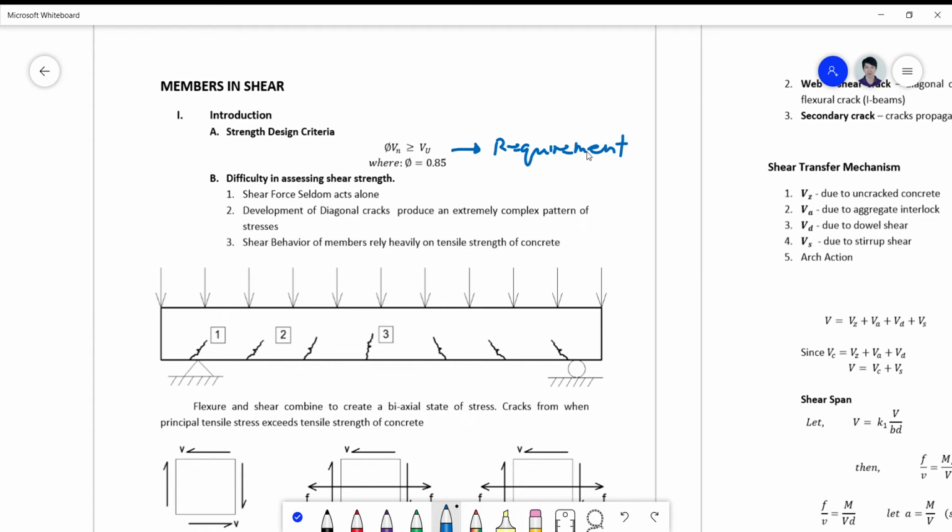So your Vn, which is now your shear capacity, must always be greater or equal to your factored shear, where your shear capacity is your nominal shear multiplied by your reduction factor phi, which is 0.85.